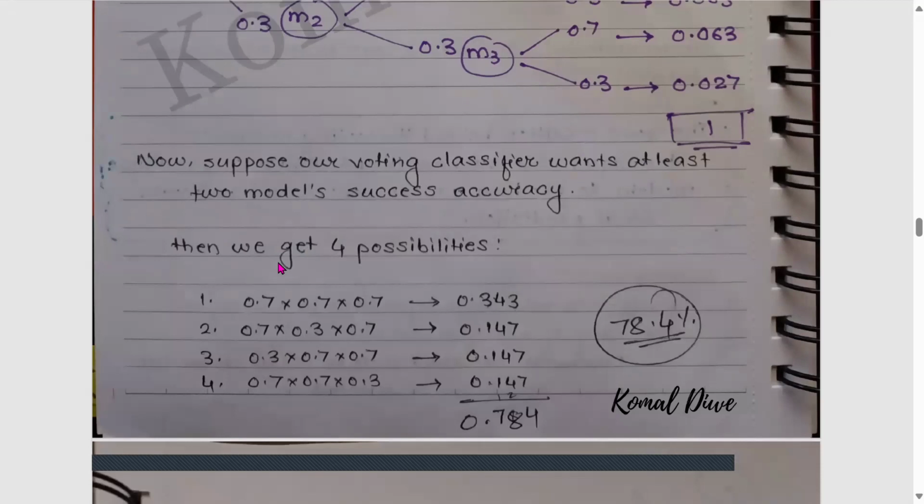Then we get four possibilities. If we add these up, the accuracy is 78.4%.